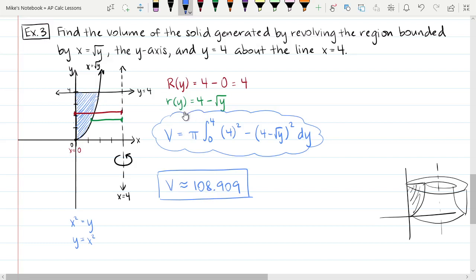And that's not awful, but it's kind of a waste of your time. Okay, but again, you will know that it's the disk method because the axis or the line that you're revolving around would actually be one of the boundaries of your region. You'll know that it's a washer if the line you're revolving around is not one of the boundaries. You've got any empty space in between.